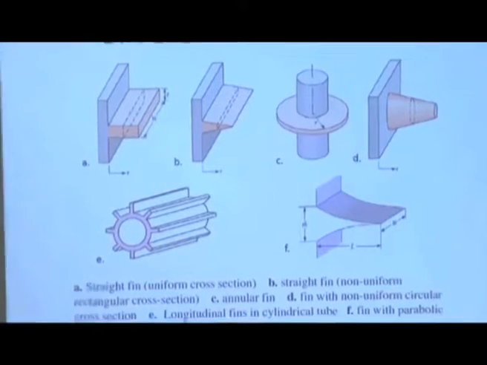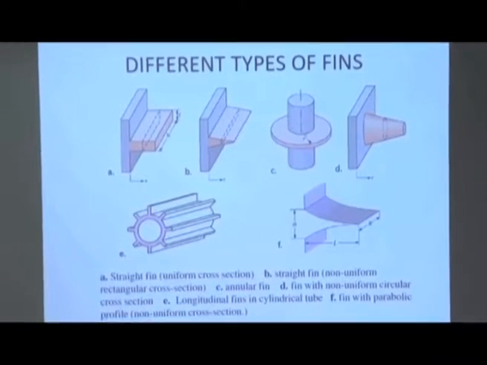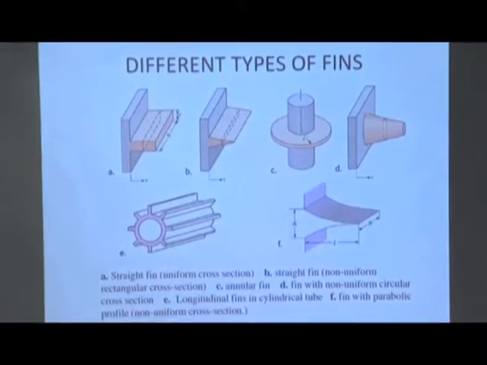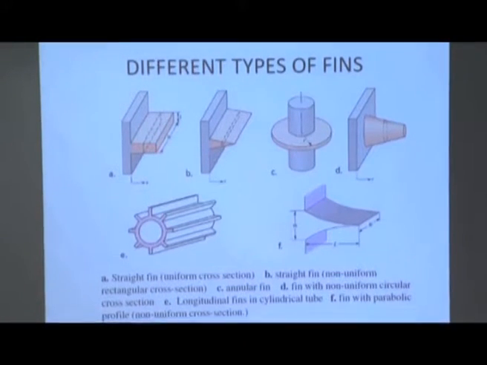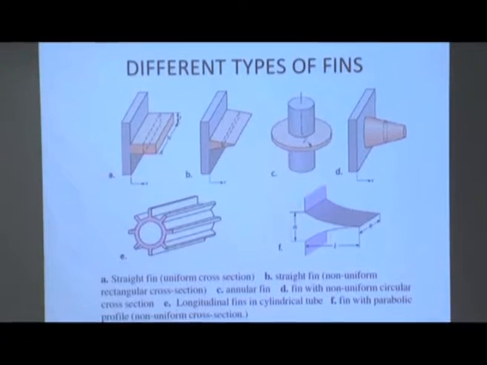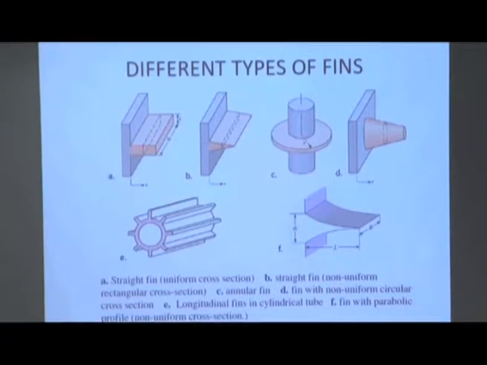Before that, I tell you the different types of fins that are used. Overall view. The straight rectangular fin is the most simple case, where the cross-sectional area of the fin is constant. This is the base surface, as I have just told. This is the extended surface known as fin, which provides additional surface.